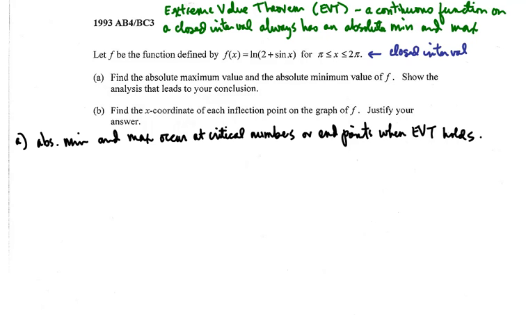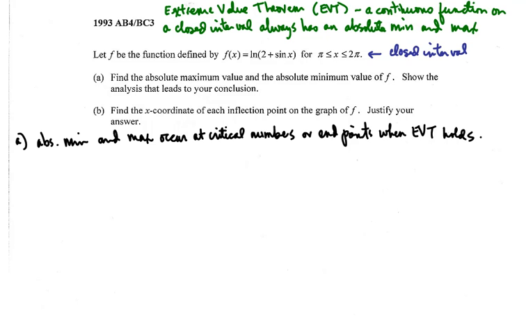Now, we did see that we're working with a closed interval. We should really test to see that we are indeed working with a continuous function. And the way we would check that is to note that the only restrictions on the natural log function are that the values we give to it must be positive.